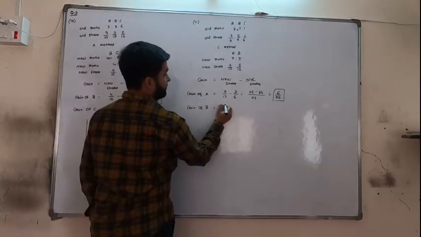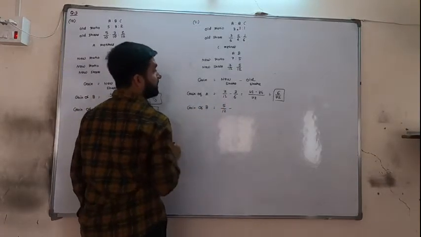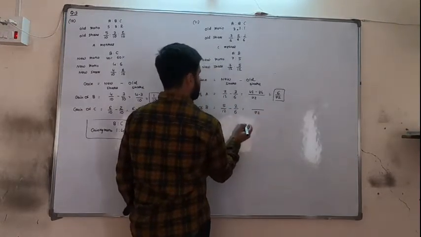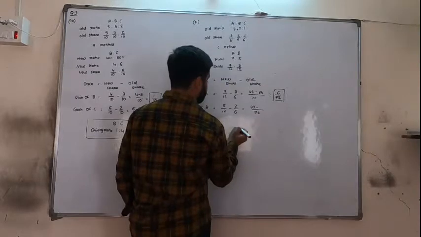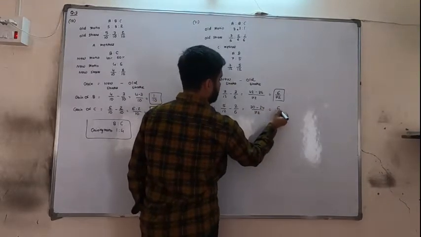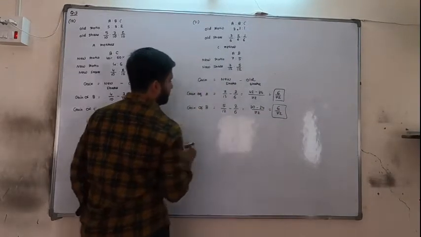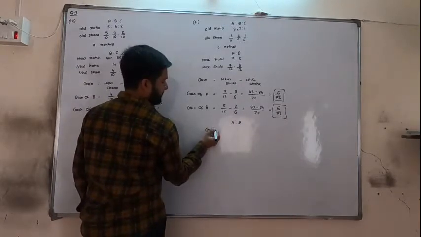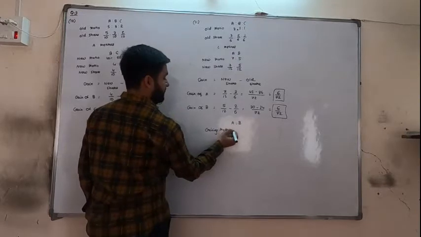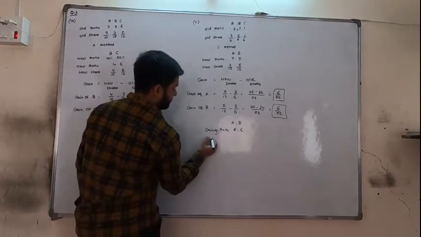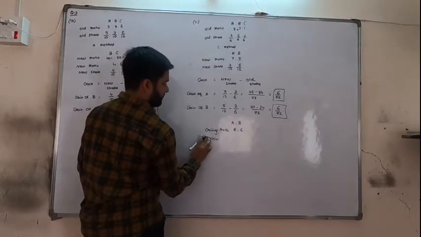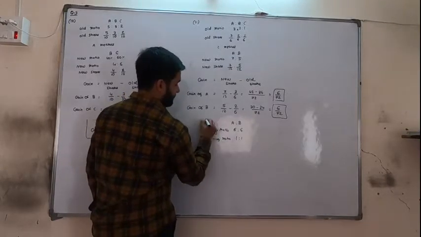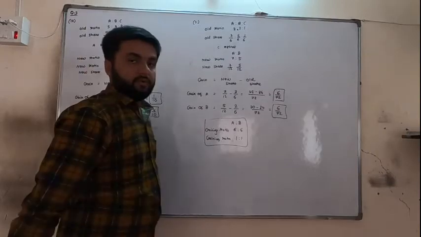Gain of B: 5 by 12 minus 2 by 6. 6 5s are 30, 12 2s are 24, so 6 by 72. So A is to B, gaining ratio 6 is to 6, gaining ratio 1 is to 1. Okay.